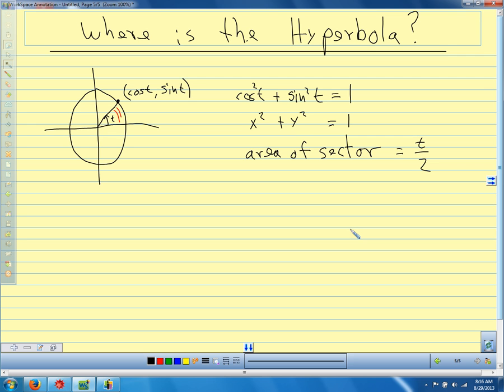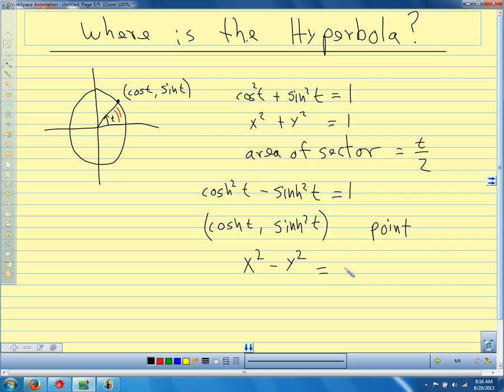Well, if we look back, we came up with one basic identity for the hyperbolic trig functions. We said cosh squared t minus sinh squared t equals 1. So if I think of this as the x and y coordinates of a point somewhere in the plane, this identity tells me that x squared minus y squared equals 1.